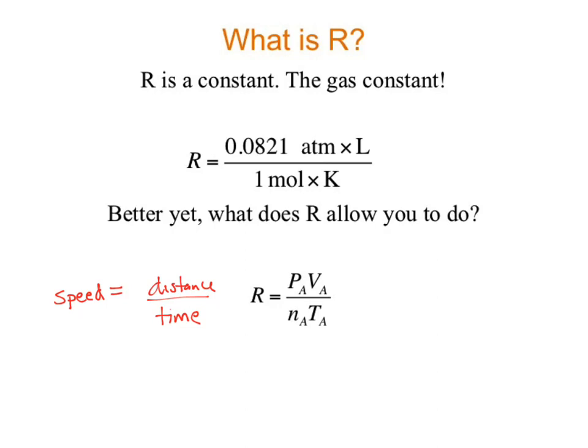Molar mass is a conversion factor that allows you to relate grams and moles. R is a conversion factor that allows you to relate simultaneously atmospheres, liters, moles, and Kelvin. Okay? That is all R is, a conversion factor. It's a neat one because it's constant. It always is true.